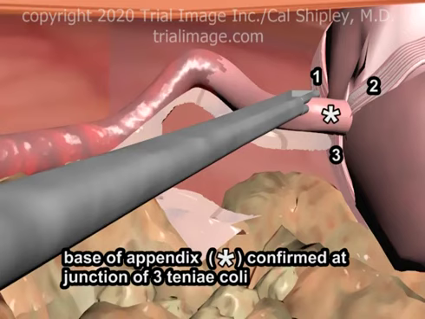Once the blood supply has been separated, the surgeon confirms the location of the appendiceal base, using the junction of the 3 taenia coli as an anatomical landmark.